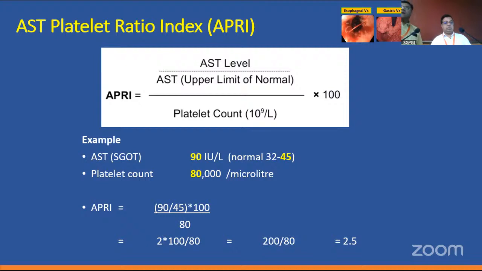If it is 250,000, you take 250 and put it there, right? You can see the calculation here I have done. So APRI is more than 2 here. The cutoff is 2. If it is more than 2, that is suggestive of cirrhosis. It is around 70% sensitive, not 100% sensitive, and 70 to 80% specific.